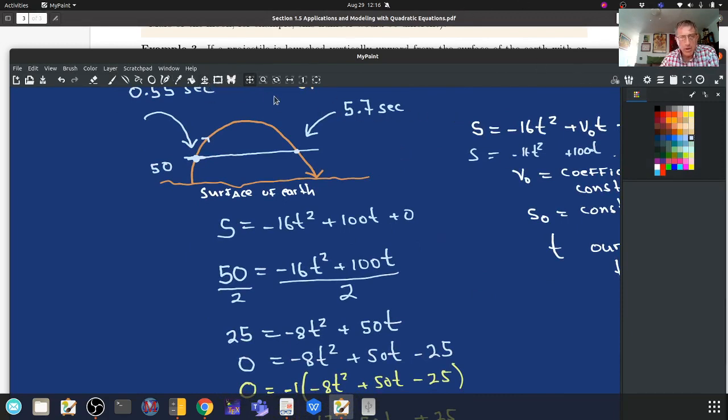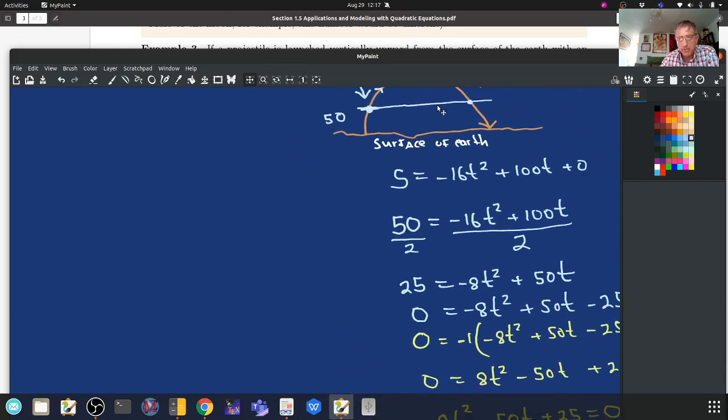I want to know what it is when the height is 0. So my height S is 0. This is really simple and fast. 0 is equal to minus 16t squared plus 100t.